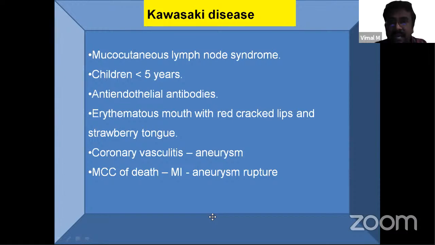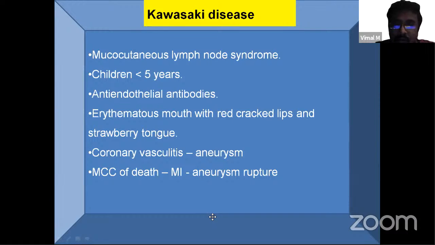Yes, in pediatrics, it can be asked if a child presents with symptoms like that of a myocardial infarction, a child with a cardiovascular disease, a child with an aneurysm, coronary aneurysm, you always think of Kawasaki.